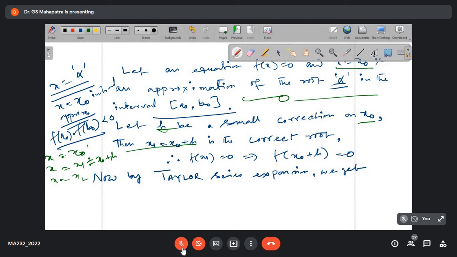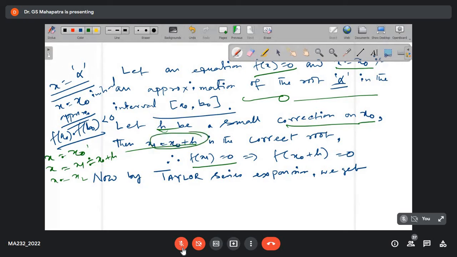Since we are considering this as the corrected root, the function should satisfy the equation, that is f of x1 is 0. And x1 is x0 plus h.